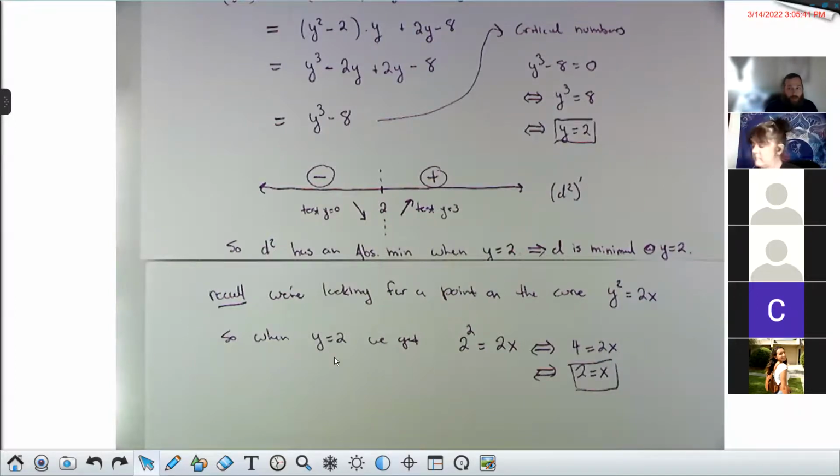So the point on the curve that is closest to the point 1, 4 is 2, 2.